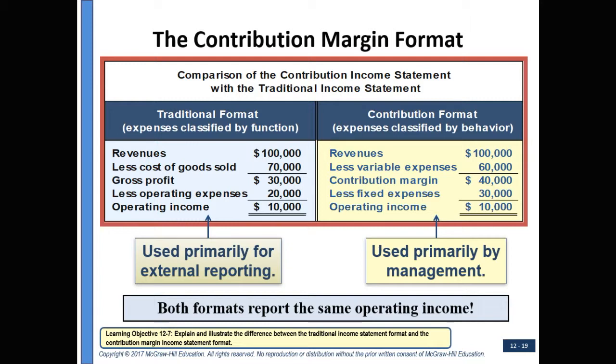Now, somebody may not make you a contribution format. And as a manager, you may need to do that. You would know then that you would have the same operating income, and you would need to go through those lists of expenses, and you would need to classify everything appropriately.